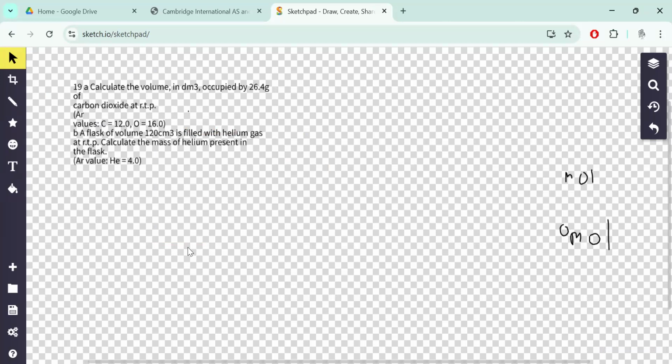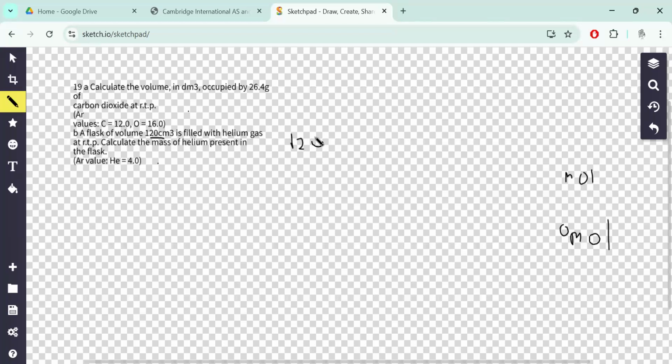Okay, so I think this one's actually easier than the previous one. So right here, we are asked to calculate the mass of helium present. First of all, we need to find out what we are given in the question. So we have 120 centimeter cube. This is the volume. And usually if it's centimeter cube, we have to convert that to decimeter cube first. So 120 will be divided by 1000.